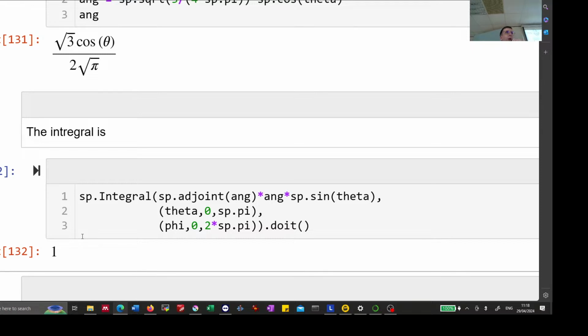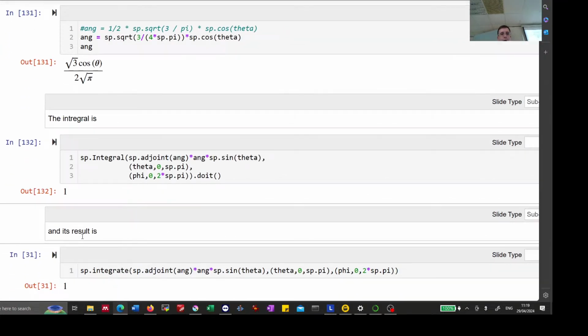We use the product ansatz to separate the function into angular and radial parts, and the product ansatz allowed us to separate the integrals into an integral for the radial part and an integral for the spherical part. And now we see that the angular part is already 1. So the angular part is normalized. Now we just need to look into the radial part.